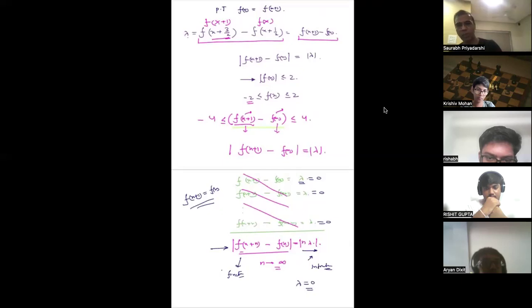So bounded and unbounded being equal is not possible. So we have to take lambda as 0, then only I can go ahead. Is this okay, everyone?